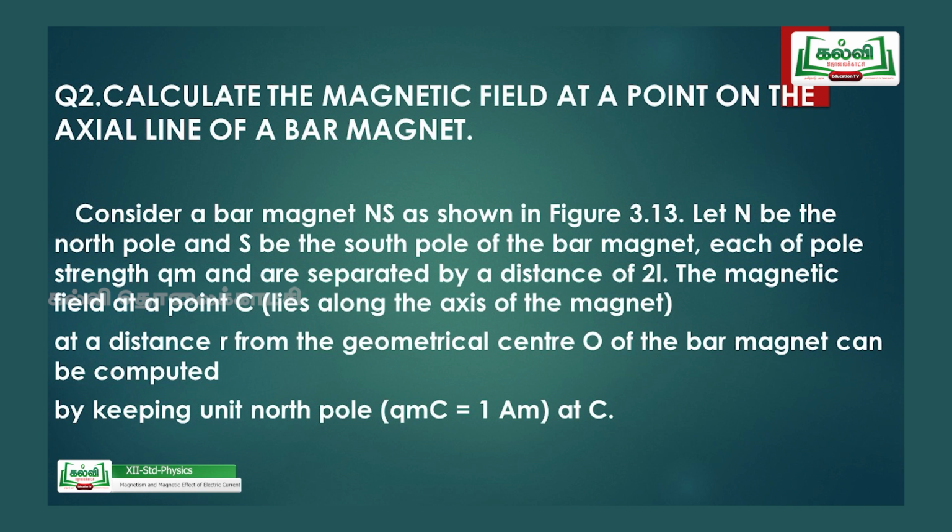Here we have two magnetic poles, the north pole and south pole, and each pole has a pole strength. In the same manner, along the axial line we take a point, and at that point we calculate the magnetic field.